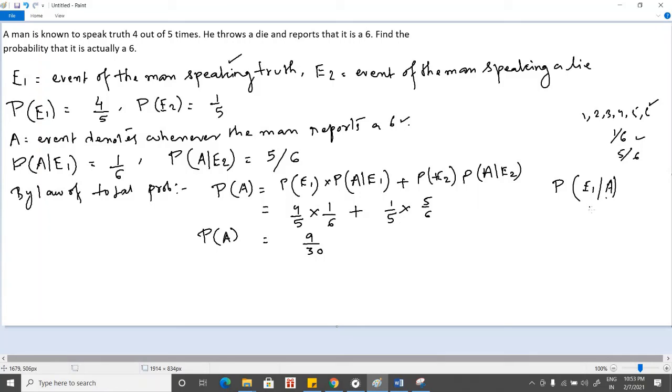Now we have to find out the probability of E1, considering that A has occurred prior to it. That means the probability that the man is speaking the truth, considering that 6 has actually occurred.